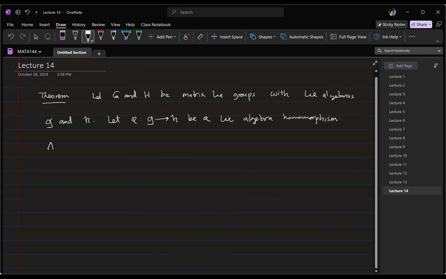Now assume that G is simply connected. As I mentioned, when we say simply connected, it also includes being path connected by some convention.